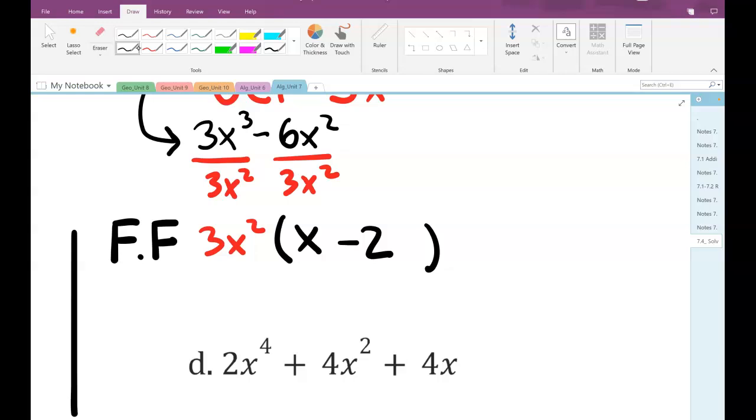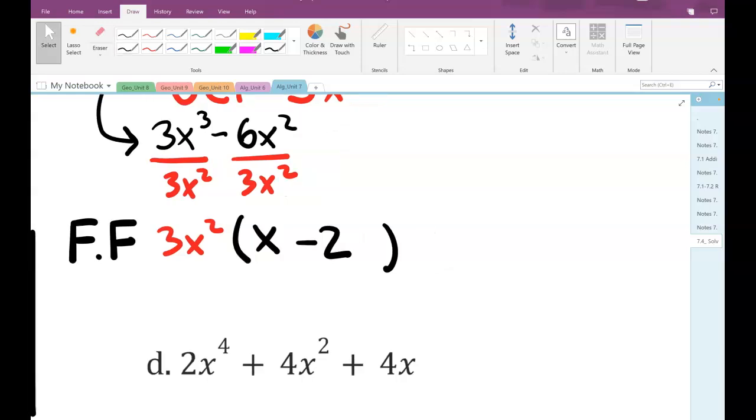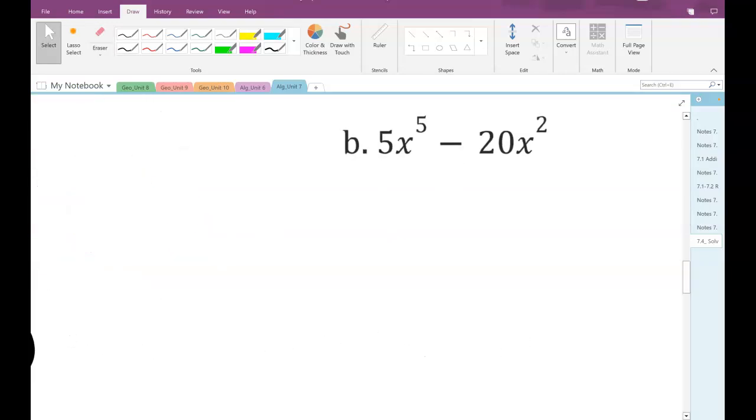So let's try the next one. Again, first step, find your GCF. Between 5 and 20, that's 5. Then x to the 5th and x squared. Our lowest degree term is x squared.